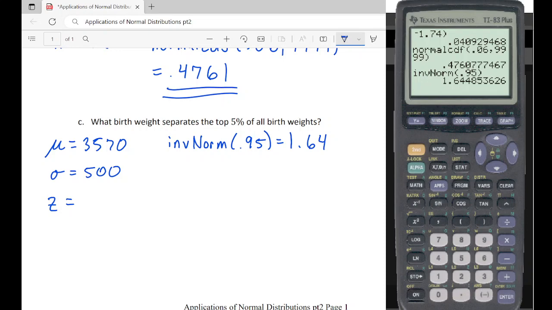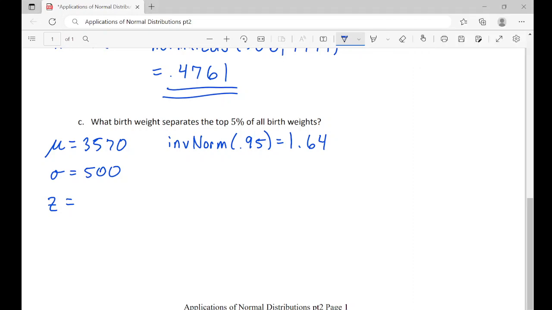And now we're going to plug it into our z-score formula so we can get our x value. So 1.64 equals x minus 3570 over 500.